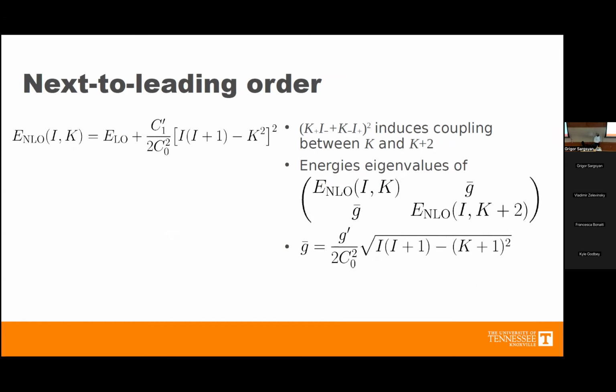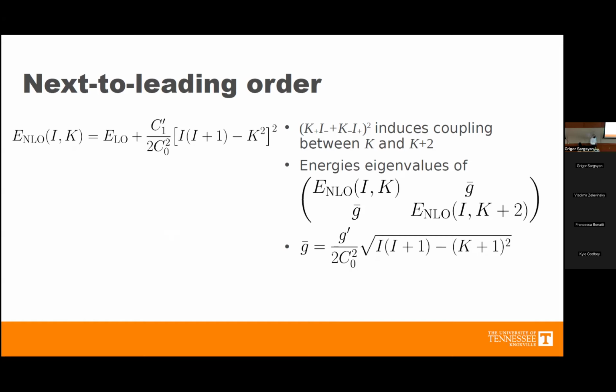So at next to leading order, we have a very similar thing. We get this contribution of further deformation of the rotor core that are again suppressed by this factor of C1 prime or C naught.